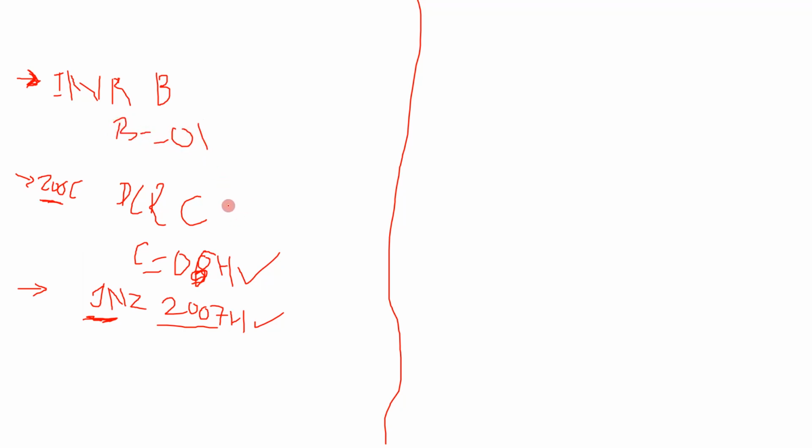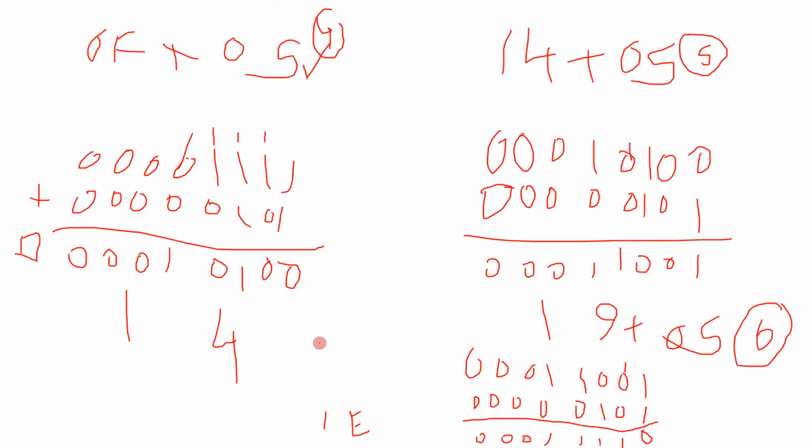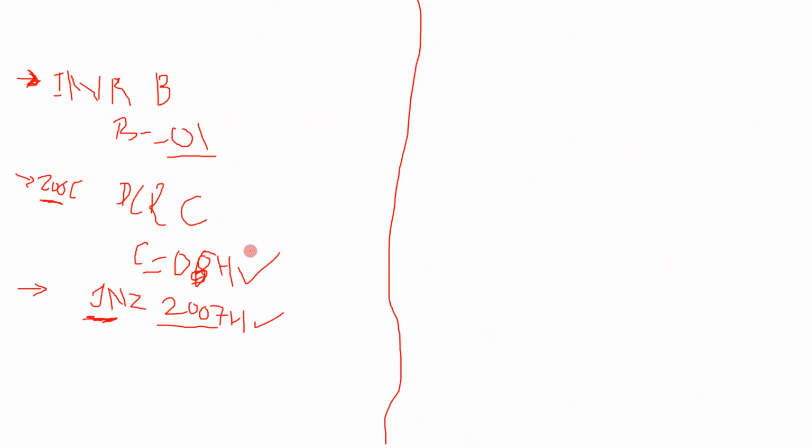The example which we have taken will not give us any carry. But in case anything is going to give us carry, the B register will get incremented. This B register will get the higher order byte. Since this example is not going to give us any carry, the contents of B will still be 00.